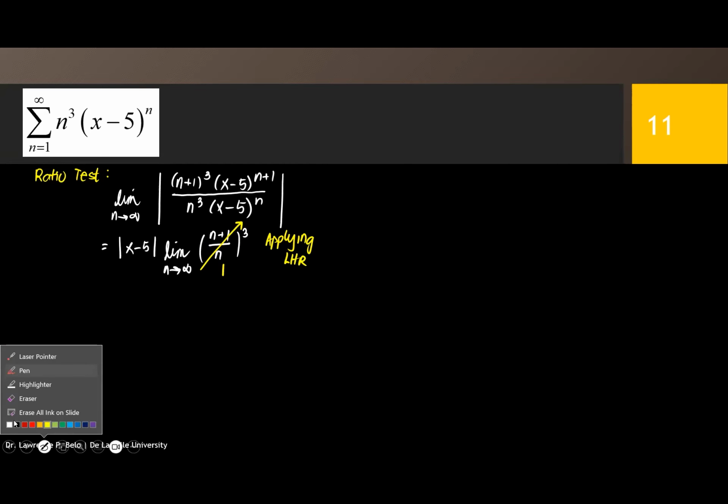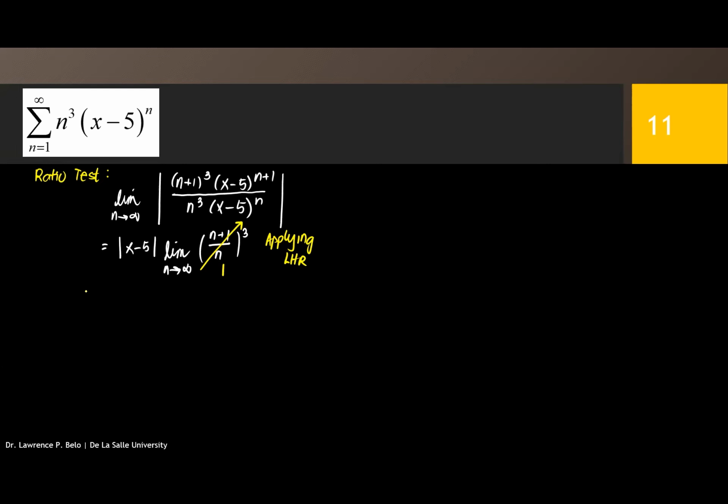Now, all I can say is that my limit is the absolute value of x minus 5. So if we let L be equal to 1, you want the limit to be less than that value.